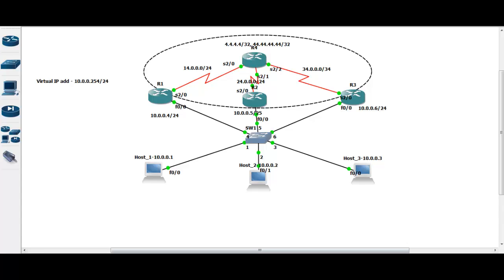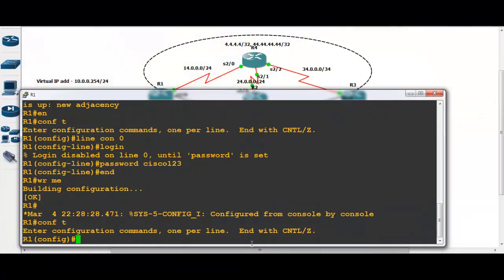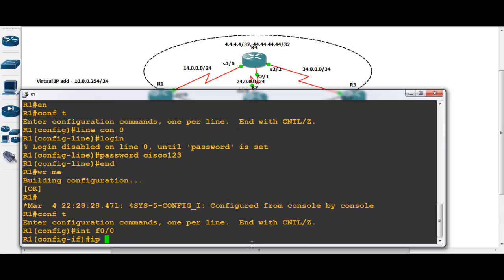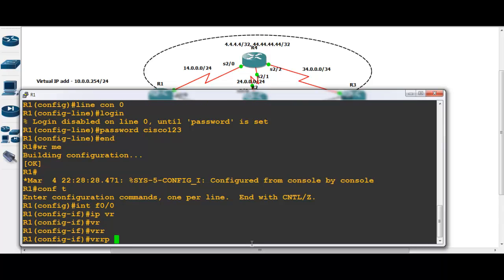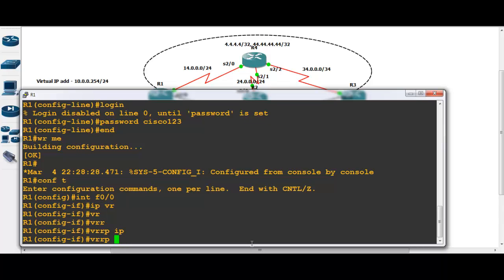So you need to go inside that interface and say ip vrrp, and then the group ID.